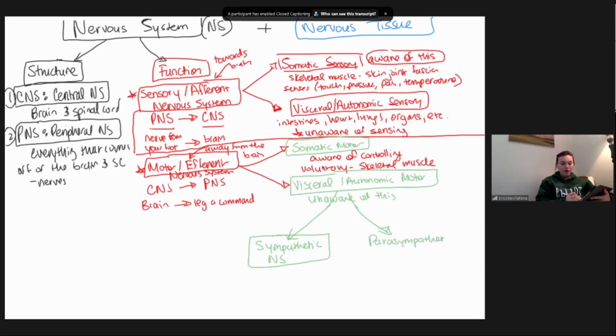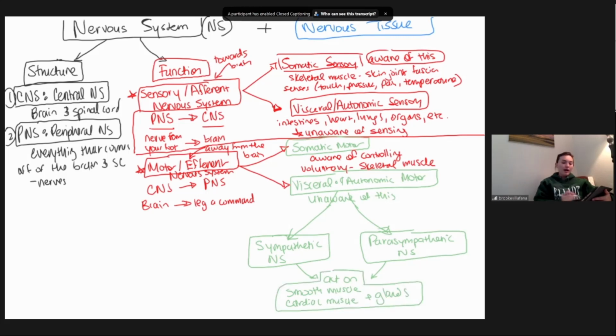So again, the autonomic motor and the visceral motor, both names for the same thing, are going to subdivide into the sympathetic and parasympathetic. Both of these act on smooth muscle, cardiac muscle, and glands.